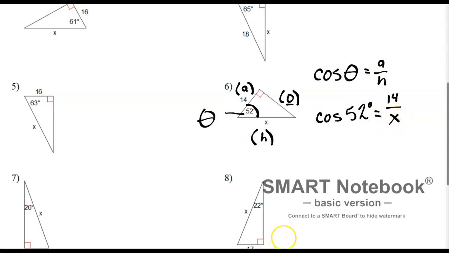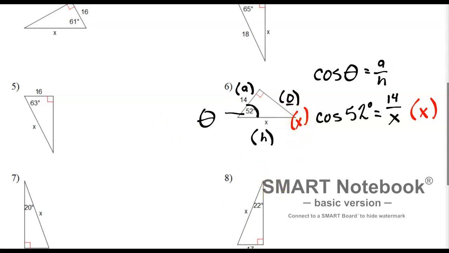This actually is a cool one, just because solving for x is going to take 2 steps instead of just 1. I've taken the information and set it up here. Now we have to go to the calculator, but we need to set it up so that we've solved for x. X is on the bottom, so I'm going to multiply both sides by x.